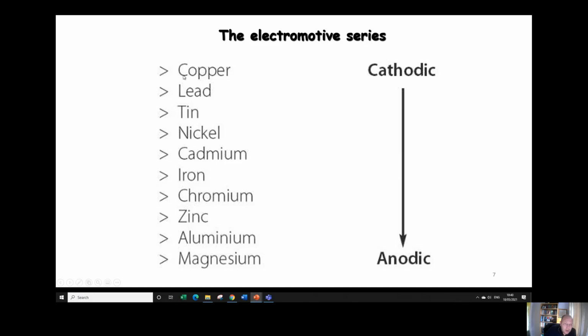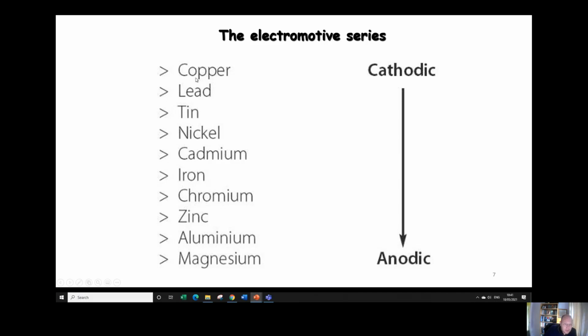For example, copper is generally a very cathodic metal, and if you put the copper with lead, for example, the copper would take the electrons from the lead very, very slowly over a long period of time. But if you put copper with magnesium, for example, there's a much bigger distance between these two in the table, so the copper would take the magnesium's electrons much more quickly than it would from the lead.